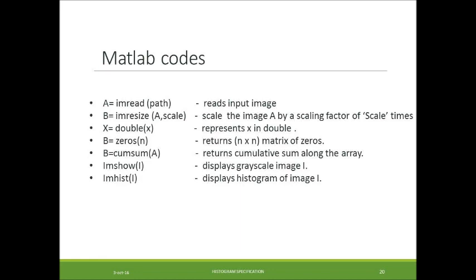B equal to imresize A comma scale: scale the image A by a scaling factor of scale times. X equal to double of x represents x in double. B equal to zeros of n returns n by n matrix of zeros. B equal to cumsum A returns cumulative sum along the array. imshow of I displays grayscale image of I. imhist of I displays histogram of image I.